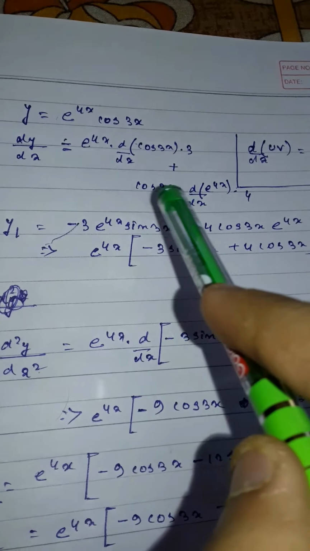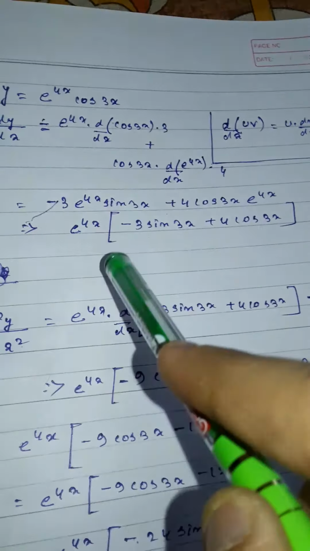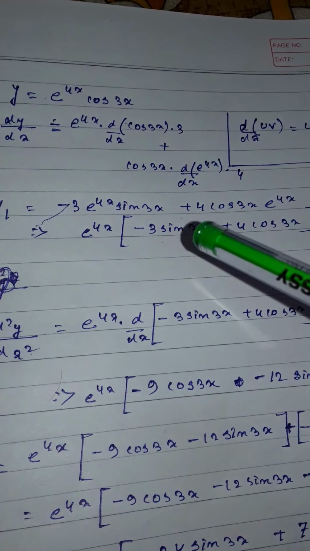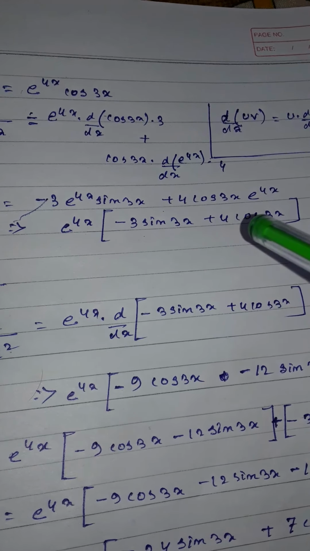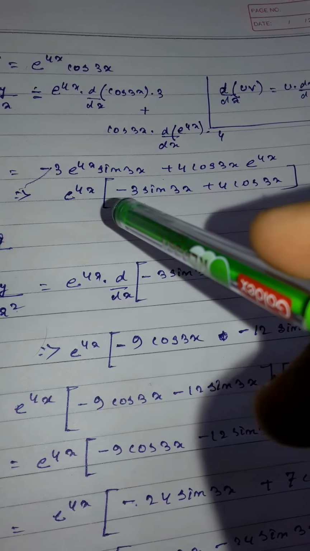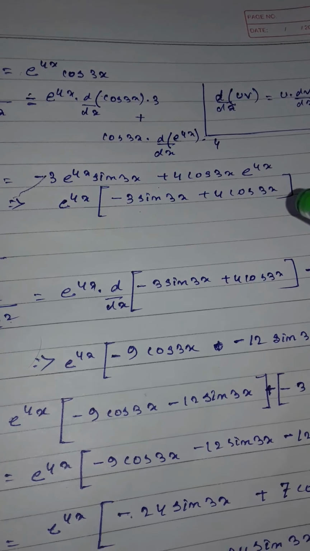Calculating, it comes like this: minus 3 e^(4x) sin 3x plus 4 cos 3x e^(4x), and taking e^(4x) common, it is e^(4x) (minus 3 sin 3x plus 4 cos 3x).